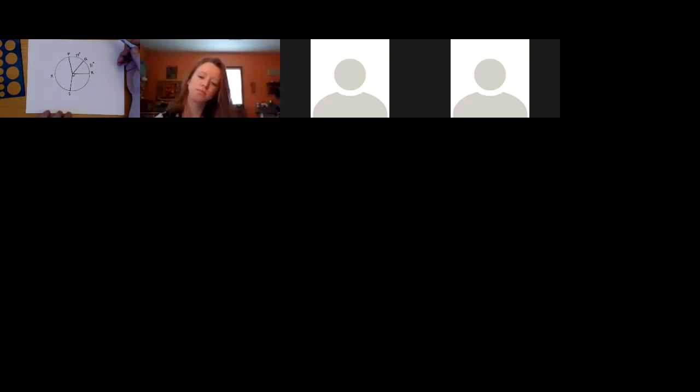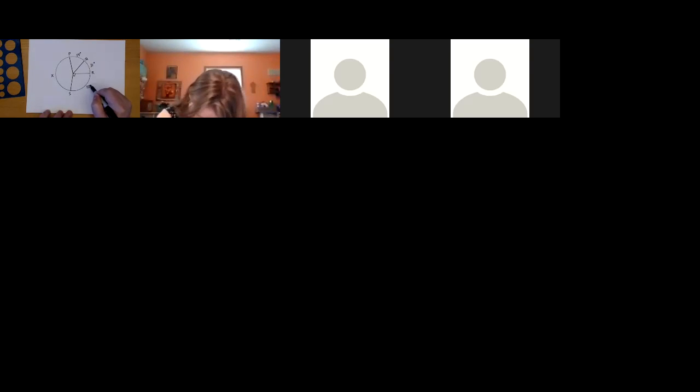So the tricky part on this one was that I threw in that symbol. And if we remember, that's the symbol for a right angle. So if that's 90 degrees, this is 90 degrees.